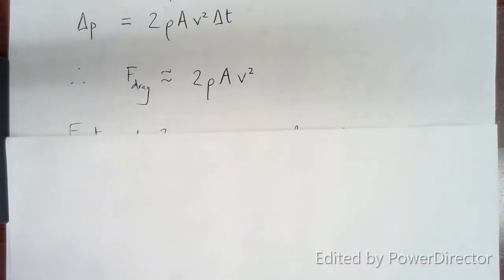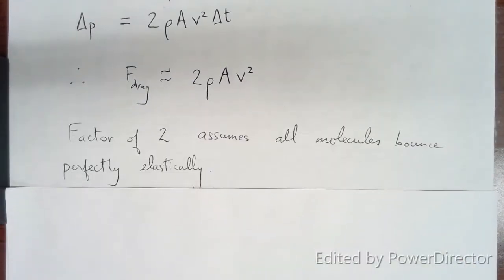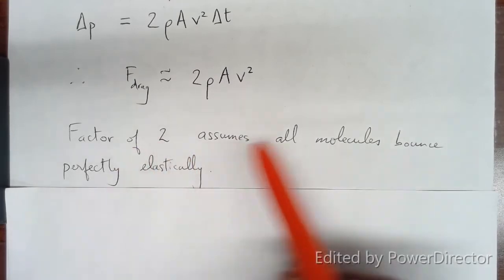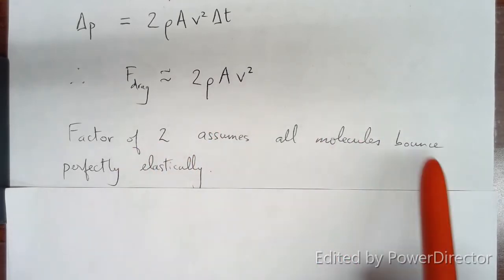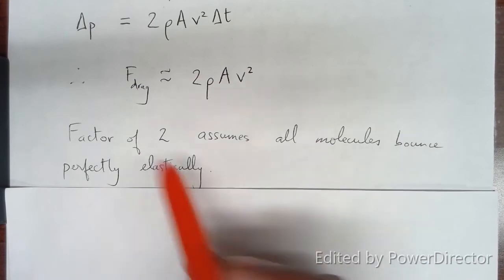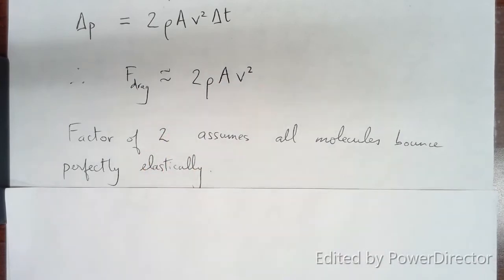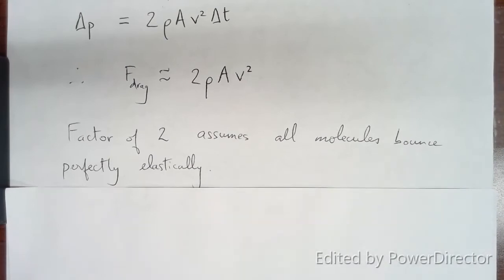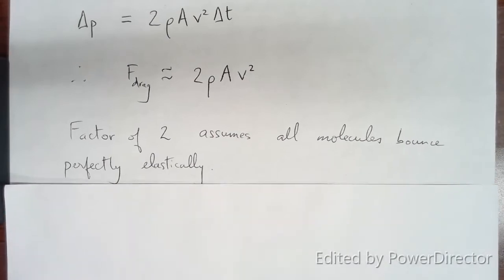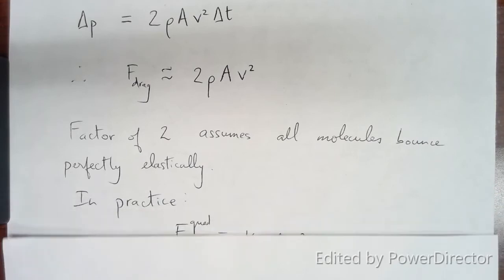Now, as mentioned before, in this derivation we assumed that all the molecules bounce perfectly elastically, and that's what gave us the factor of 2. In reality, there are some inelastic collisions. Some molecules after rebounding do not rebound exactly in the opposite direction but at an angle, and similarly some are just pushed to the side.